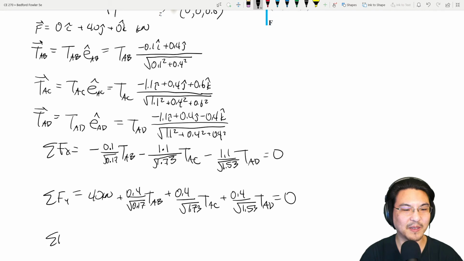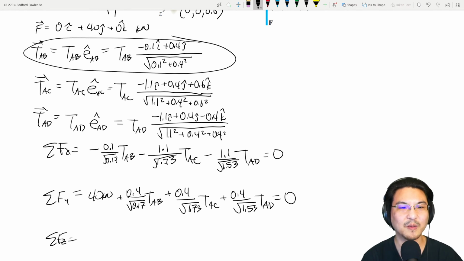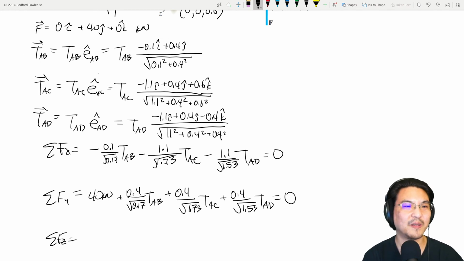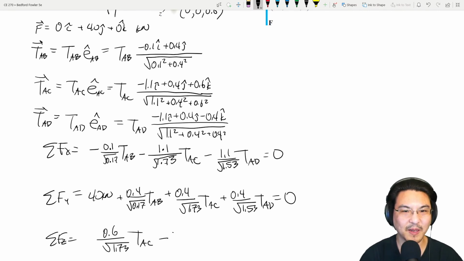Finally in the z direction, the z component of F is 0, the z component of TAB is 0, the z component of TAC is 0.6 over the square root of 1.73 TAC, and the z component of TAD is negative 0.4 over the square root of 1.53 TAD.